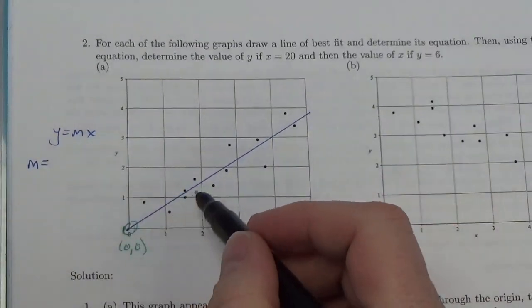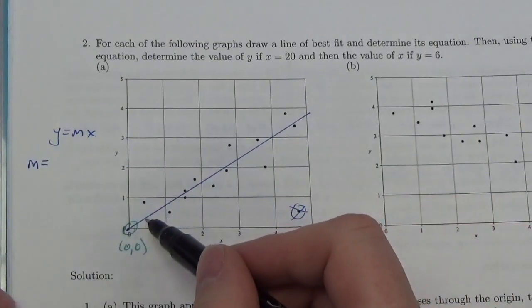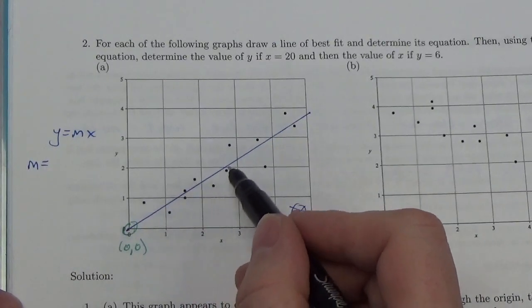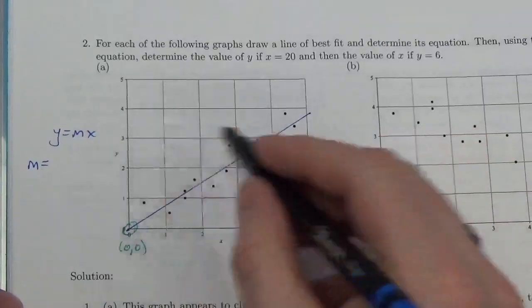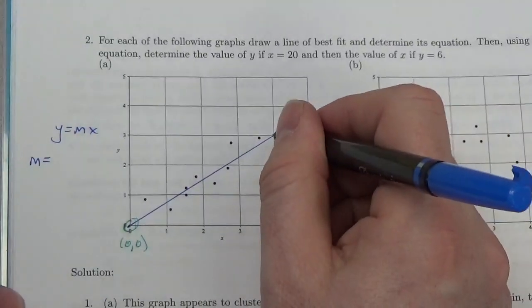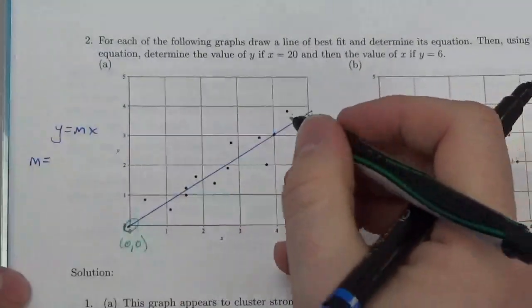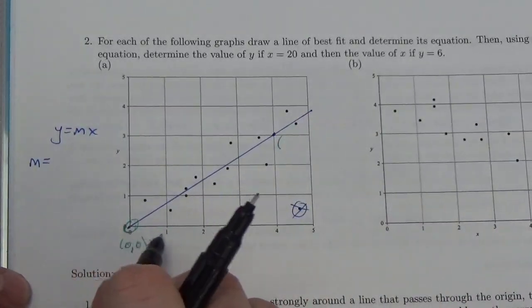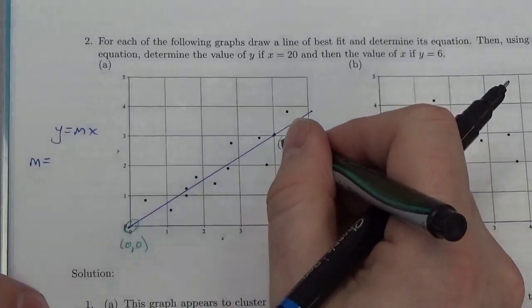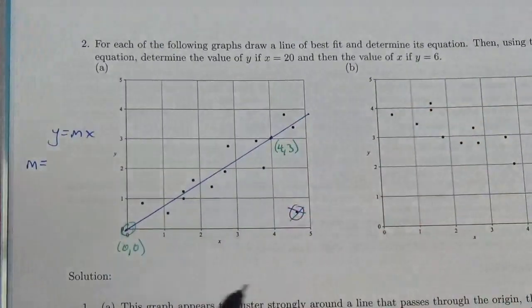Now I'm just going to go along here and see if I can find a point. Well, I didn't really draw this through any of the points that I was given, so I might have to read one off the grid here. Oh, actually, that's a good one, right there. Let me grab this point right here. Remember we use the x-coordinate first, so I go over to the 4 and then up to 3. So this is the point (4, 3).